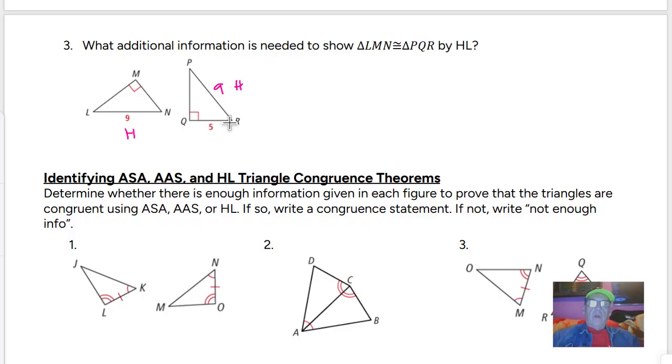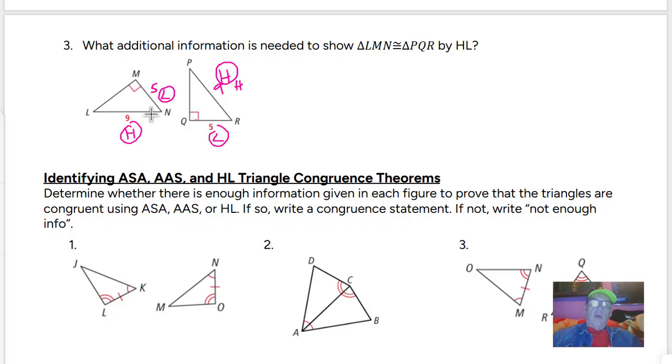And if QR is equal to 5, then MN would have to be equal to 5. And that would give us the leg part of the pattern. So this would give us hypotenuse leg.